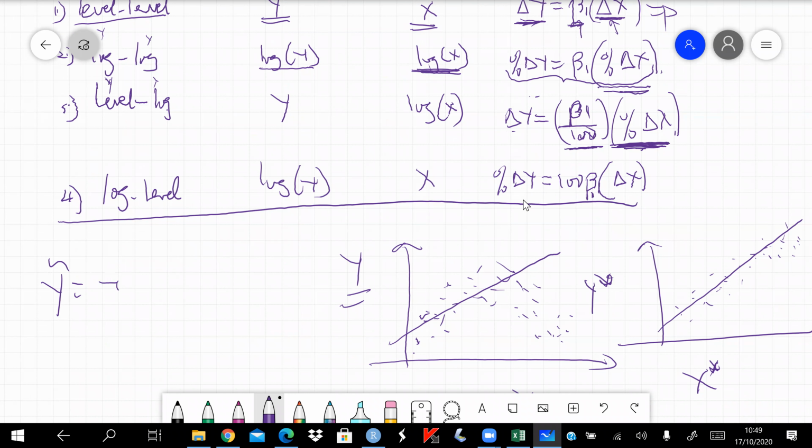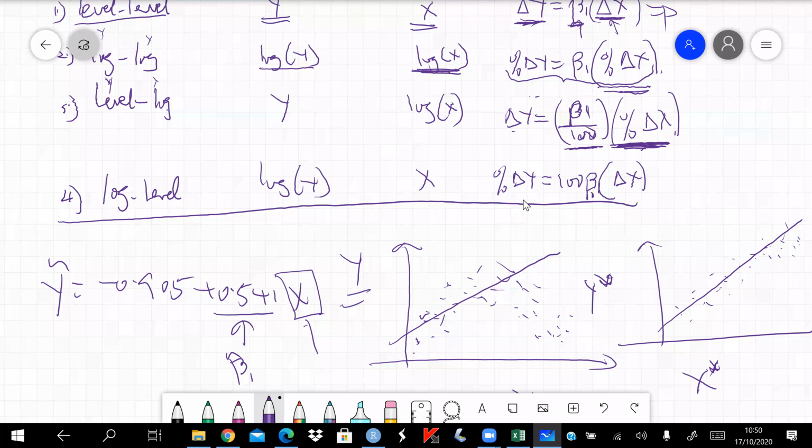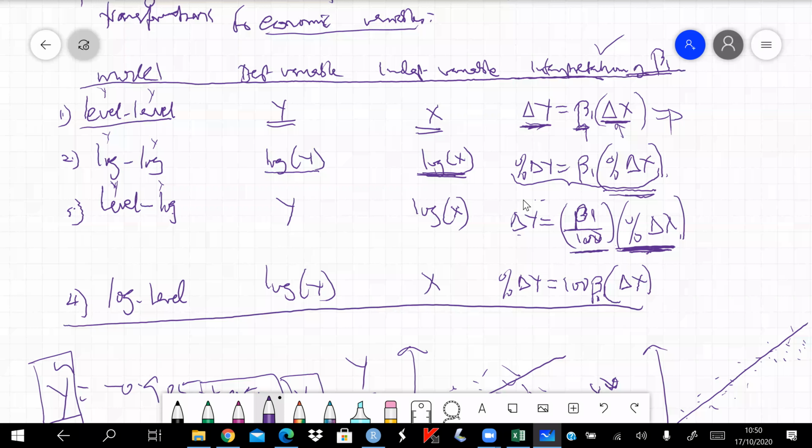We had y estimate equal to minus 0.905 plus 0.541x. So this is our value of beta 1 estimate. This means that for every unit increase in x, the value of y increases by 0.541. That's just a straightforward interpretation: for every unit increase in x, the change in y is given by this value.